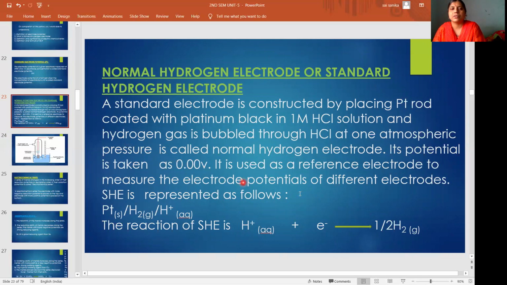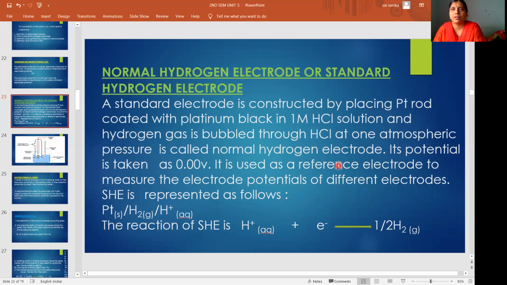This electrode is used as the reference electrode to measure the potentials of different electrodes. If you want to measure the potential of any electrode, you take this as the reference electrode and construct a galvanic cell. Then you can measure the potential of any electrode.